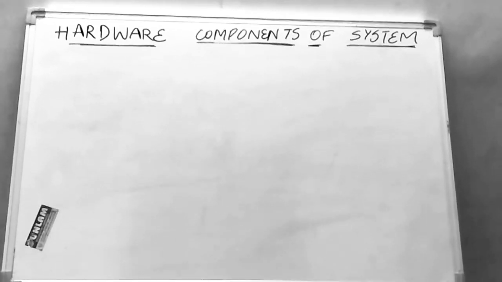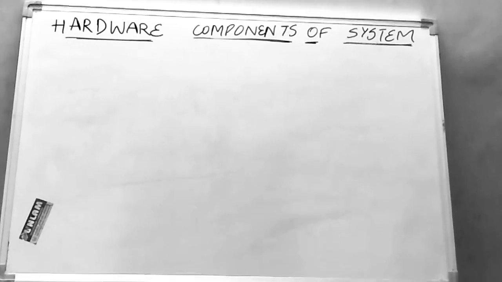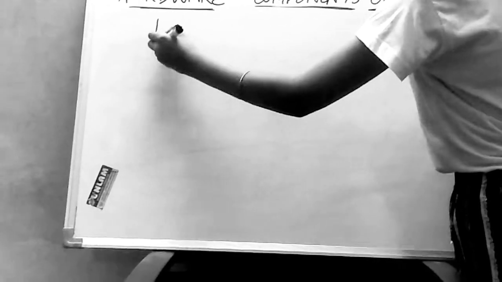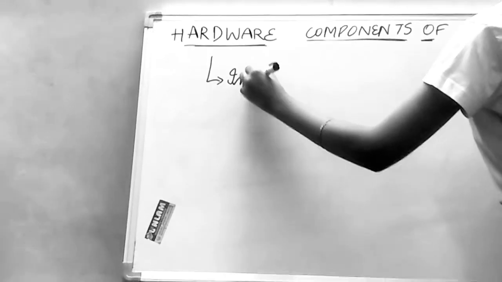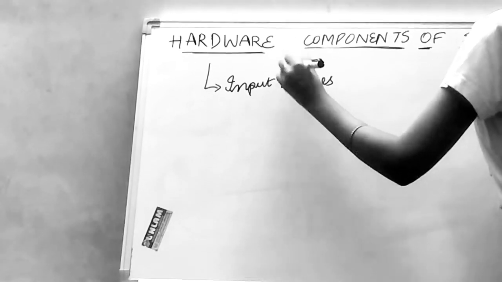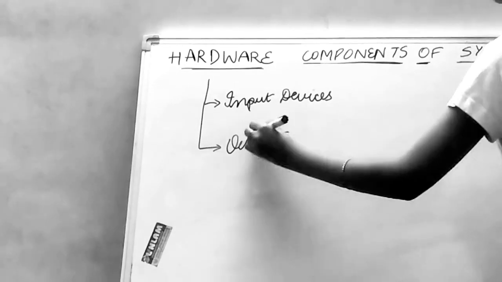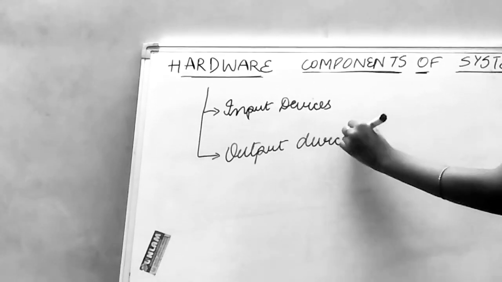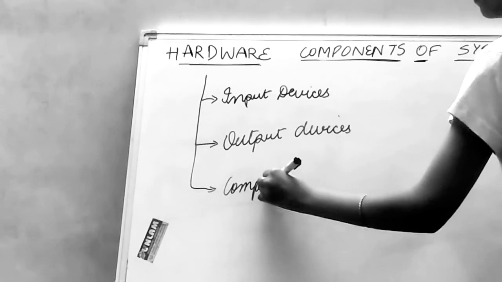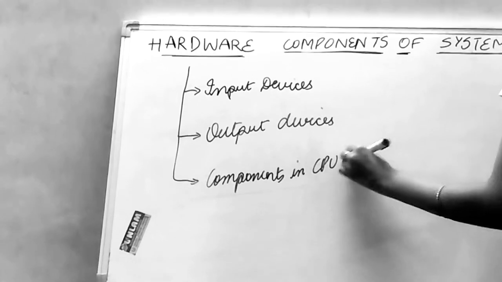So students, there are various hardware components that make up a computer system, and they can broadly be divided into three categories. Their three categories are: first is input devices, second is output devices, and third is components in CPU box.